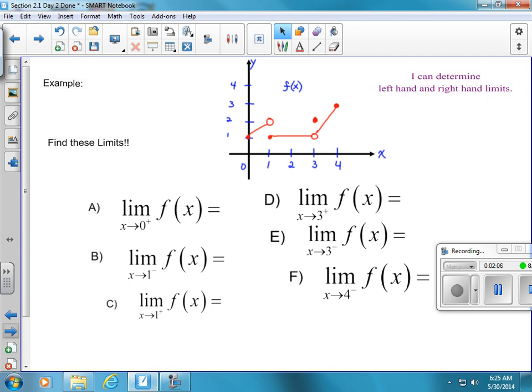Here is a piecewise function that's already been drawn for you. You could also write this function: when x is from 0 to 1, you have a line. When x is from 1 to 3, you have another line, y equals 1. You have a point at x equals 3, y equals 2.